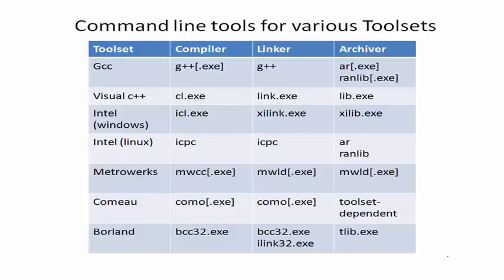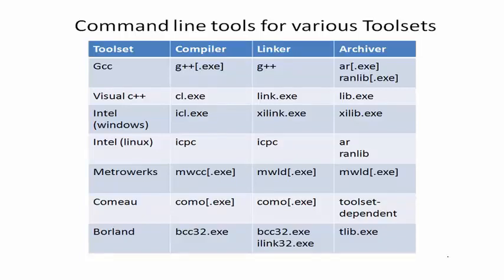Okay, now we know how C++ works, or the procedure to get the application or the executable from a C++ source file. What are the available toolsets and command line tools that we can use to do that? The command line tools for various toolsets are: if you select the GCC toolset, then you'll get the g++ compiler, the g++ linker, and also the ar or ranlib archiver.